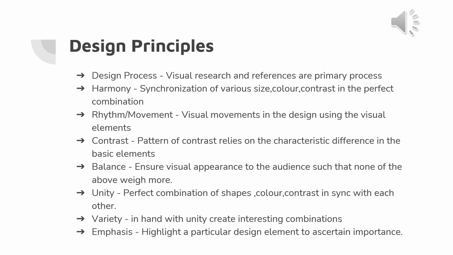Balance ensures that the reader gets a visual appeal to the entire design element, or he gets enthralled to read what is there. Unity is a perfect combination of shapes, color, contrast, which are all in sync with each other.